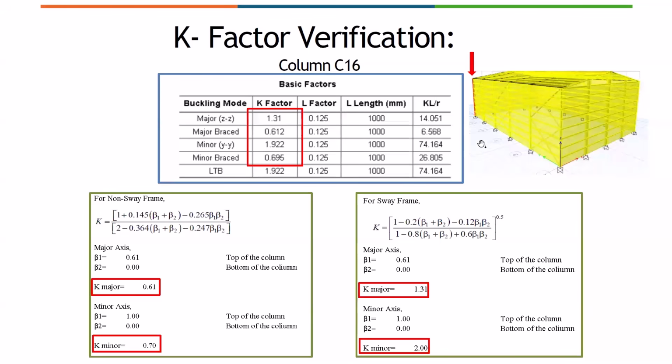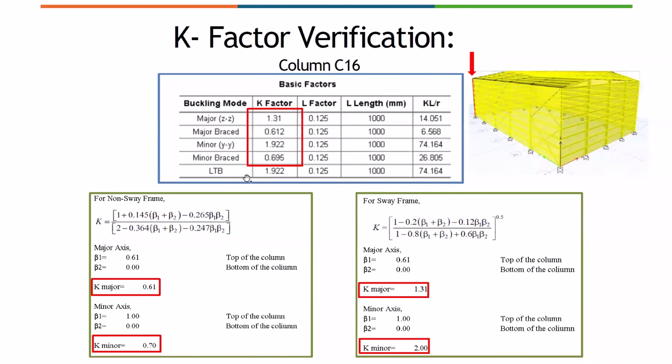Here we have done the capital K factor verification for the C16 column itself. These are the factors that the program reports for both the sway and non-sway case. For the non-sway, it is reported as major braced, and for sway, it is just reported as major ZZ.